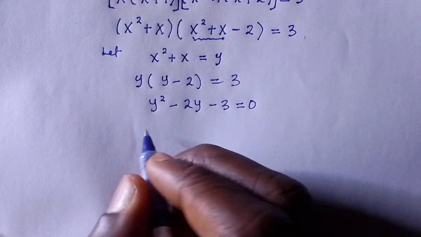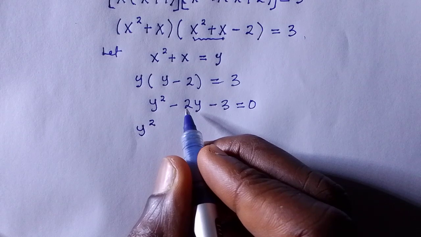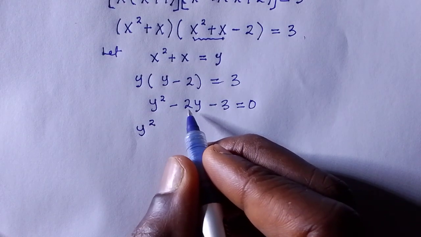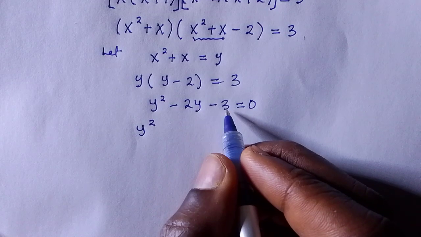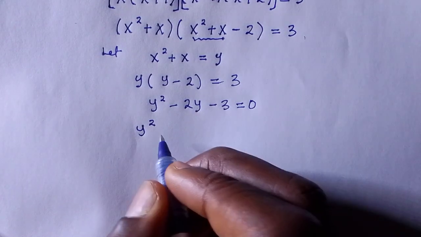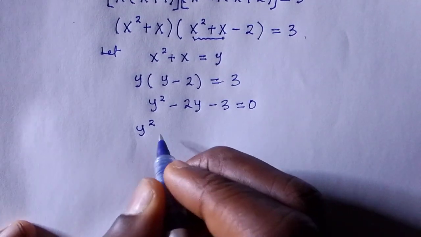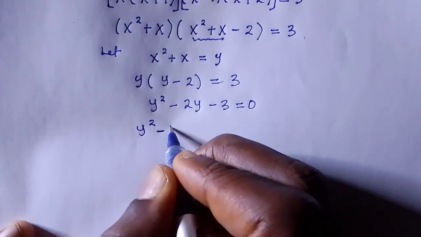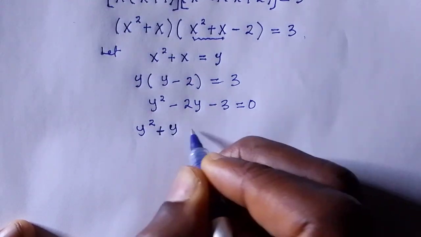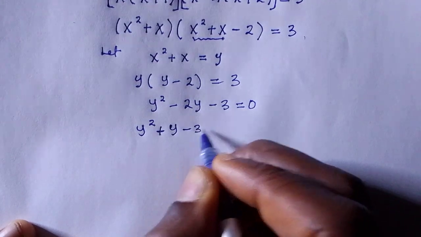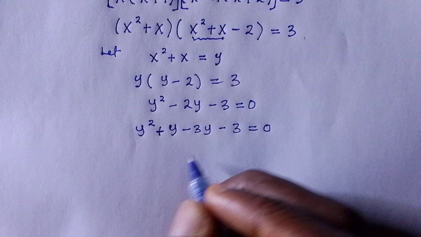So we need numbers that add together to give us 2, and when we multiply, they give us 3. So the numbers are plus 1, which is plus y, and we take out minus 3y from it, so y squared + y - 3y - 3 = 0.